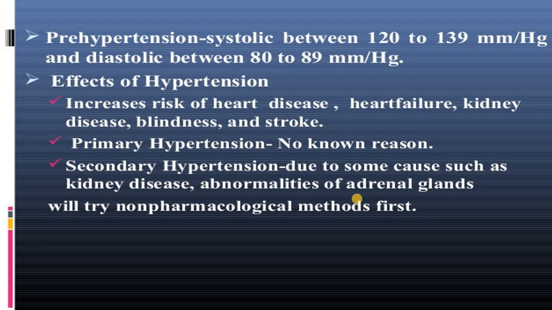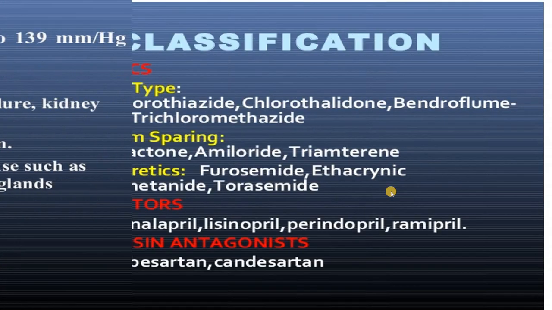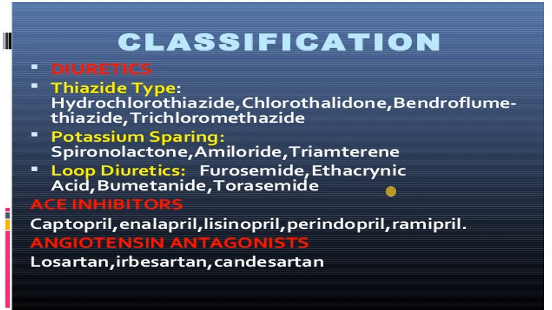The effects of hypertension: first, increased risk of heart attack and heart failure, kidney diseases, blindness and stroke. Primary hypertension has an unknown reason, the reason is not known. Secondary hypertension is due to some causes such as kidney diseases and abnormality of the adrenal gland. Non-pharmacological methods come first. Okay, next is classifications.